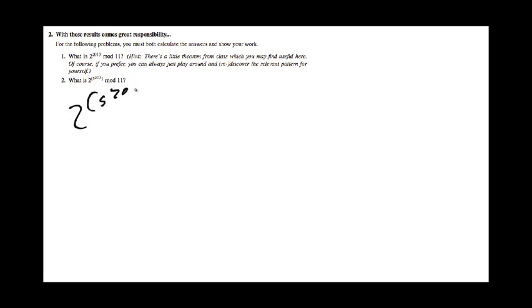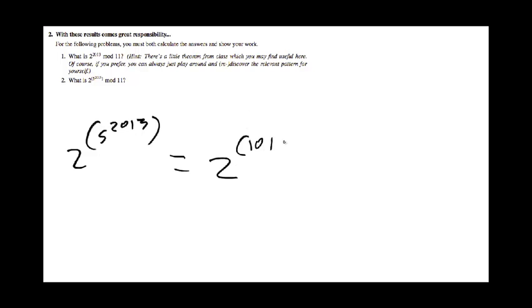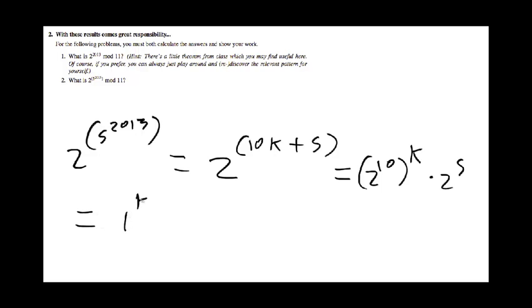And therefore 2 to the 5 to the 2013 equals 2 to the some multiple of 10 plus 5, because 5 to the 2013 is some multiple of 10 plus 5 by that inductive proof we just saw, equals 2 to the 10 to that factor k times 2 to the 5, which in mod 11 land is just 2 to the 5, which is 32.